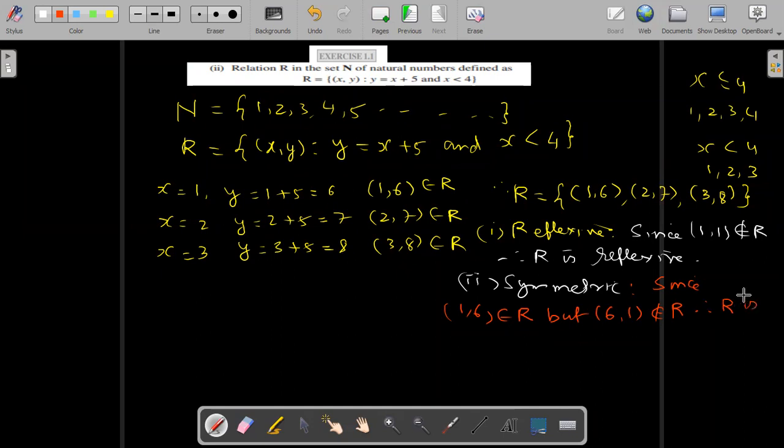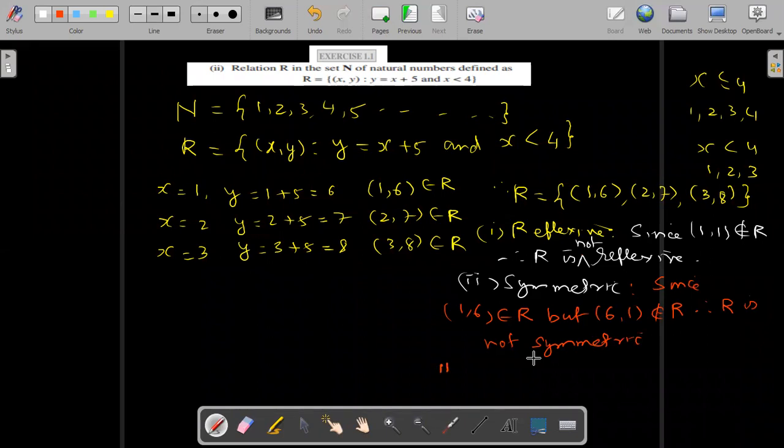So R is not, sorry, I forgot to write 'not' here. R is not reflexive. R is not symmetric.